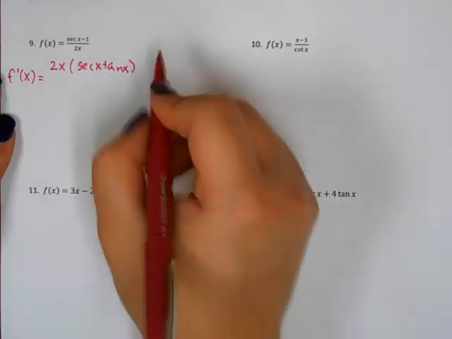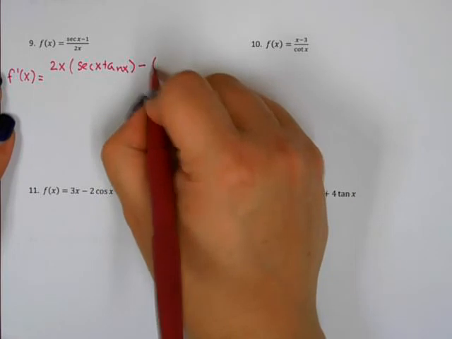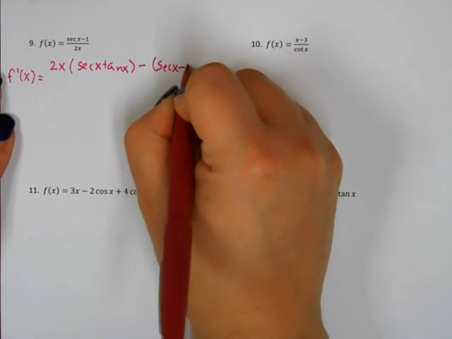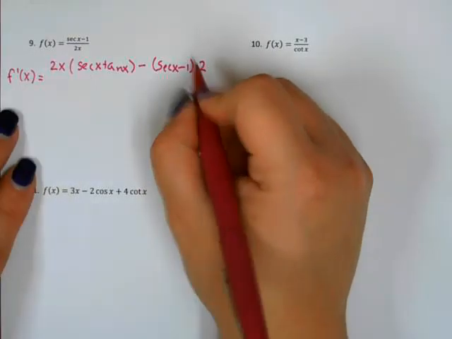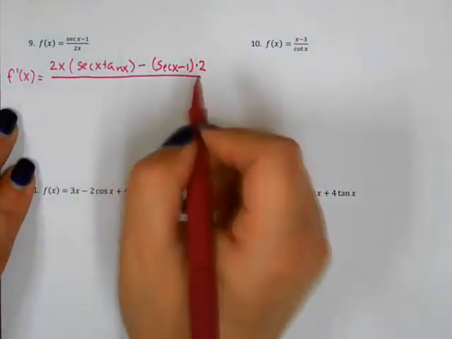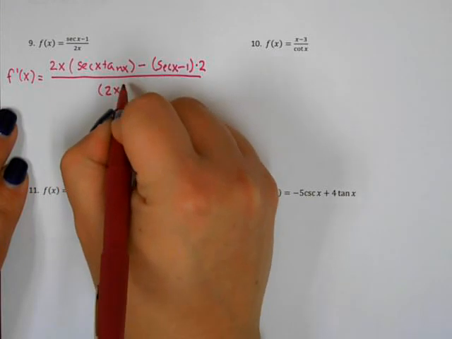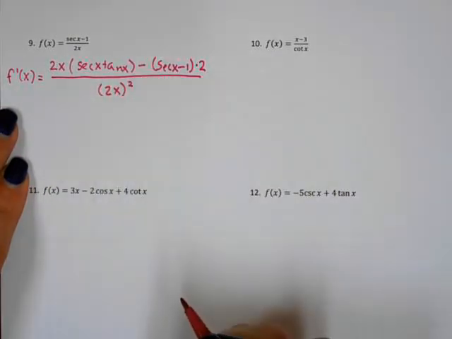So low d high minus high, which is secant x minus 1, d low, so the derivative of 2x is 2, all over low squared, which is 2x quantity squared.